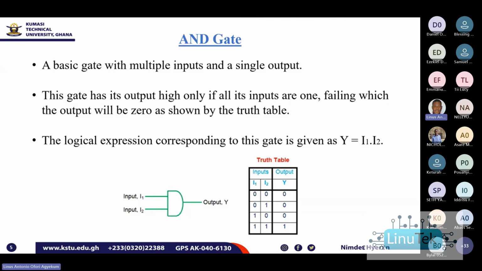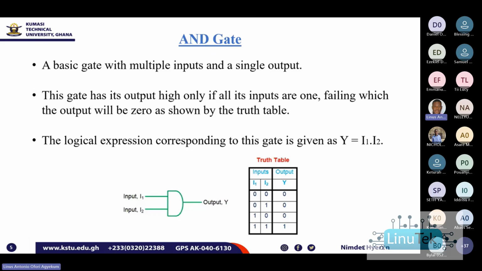In the diagram of an AND gate you see here, you have input 1, input 2, and then the output. Because this is 2 bits, we're looking at 2 raised to the power 2, which gives us 4. So we get 4 possible combinations of 2 bits.